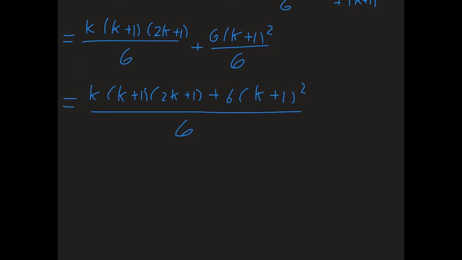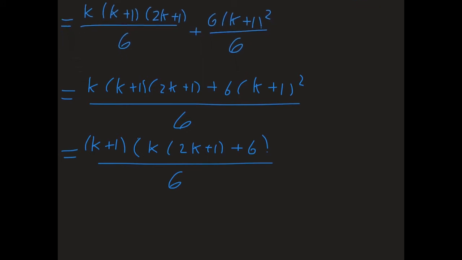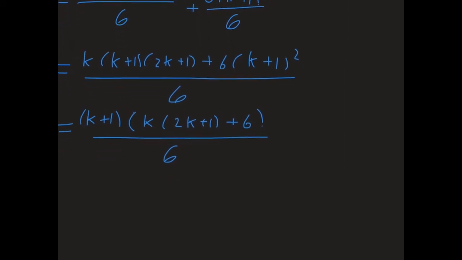And now we just see what we can factor out. I can factor out k plus 1. So this is k plus 1 times k times 2k plus 1 plus 6 all over 6. Let me move this up.